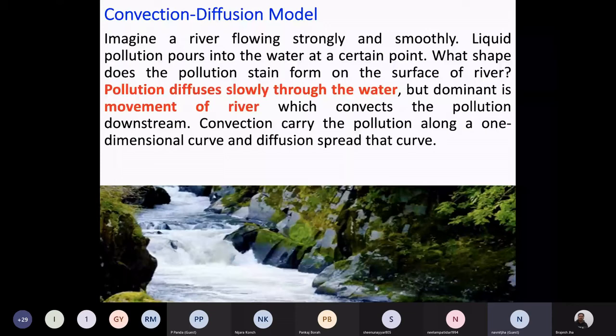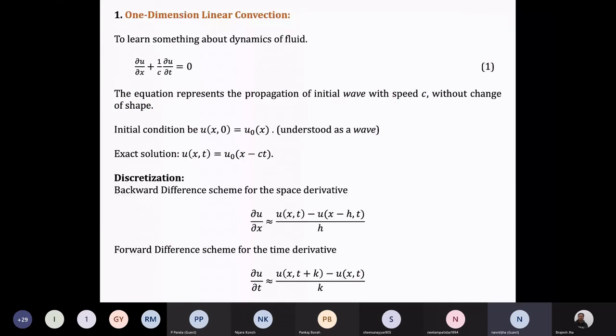Now I am moving to the mathematics. How can we mathematically depict? Very simple. One dimension linear convection. One dimension linear convection basically says something about dynamics of fluid. The equation is del u by del x plus 1 by c del u by del t equal to 0.